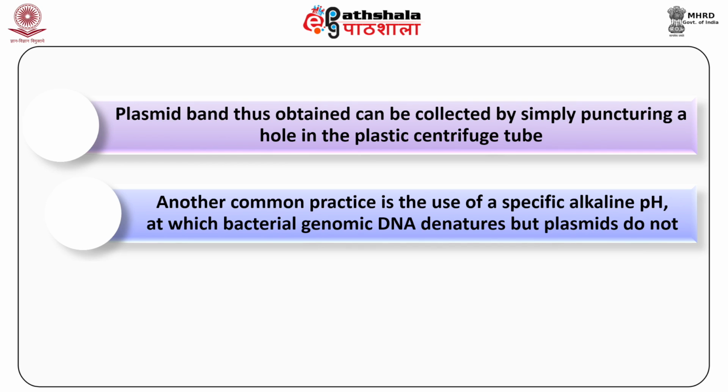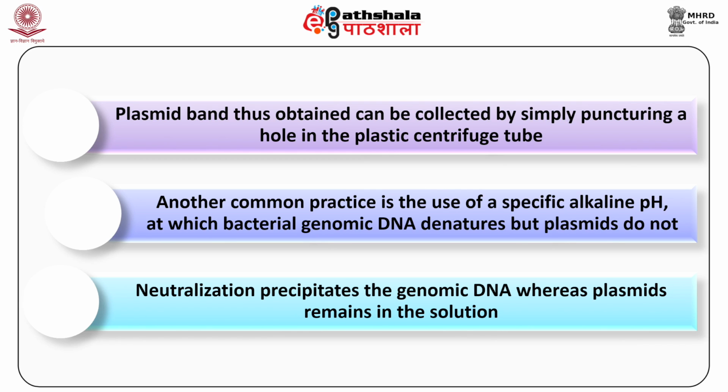Another common practice is the use of a specific alkaline pH at which bacterial genomic DNA denatures, but plasmids do not. Neutralization precipitates the genomic DNA, whereas plasmids remain in solution.